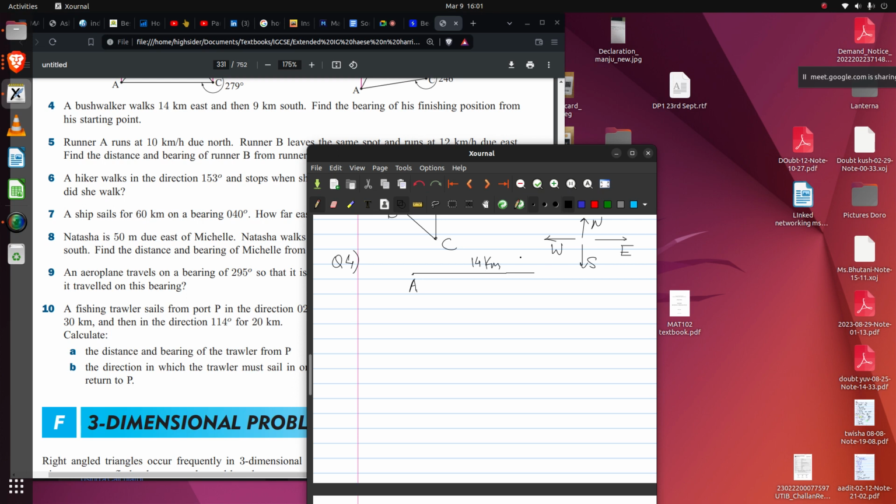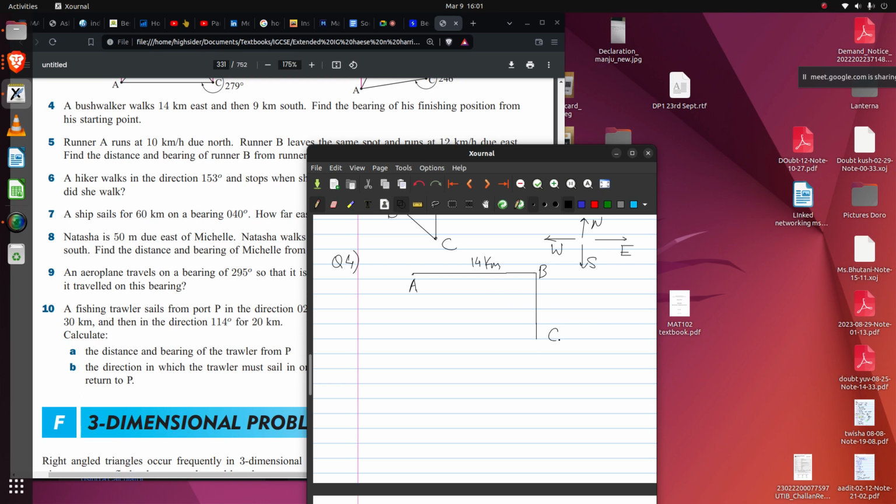Okay. So, now what? Where is he going now? Now he's going 9 kilometers south. So south is below north, downwards.